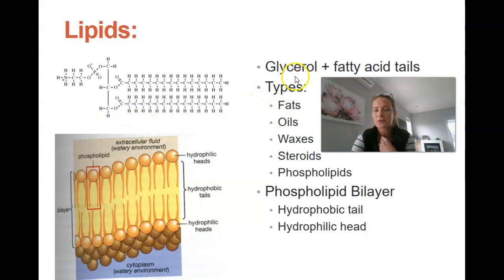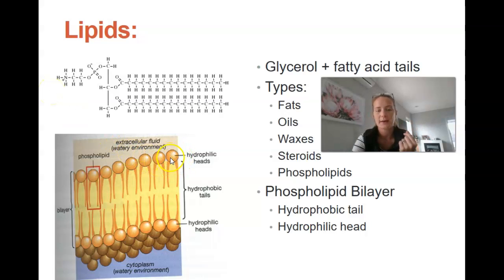Lipids themselves normally consist of, this would be a triglyceride, glycerol head and fatty acid tails. So this would be the glycerol head part, and there would normally be 3 of these carbon chains making up the fatty acid tails. In this version, instead of the extra fatty acid tail, we have a phosphate group attached to it. And that's what makes up the phospholipid, the phosphate head of the phospholipid.